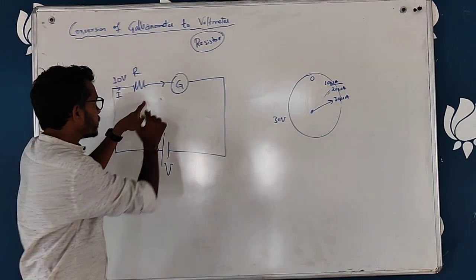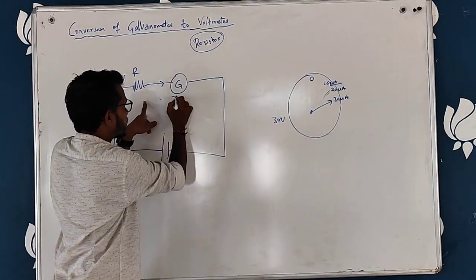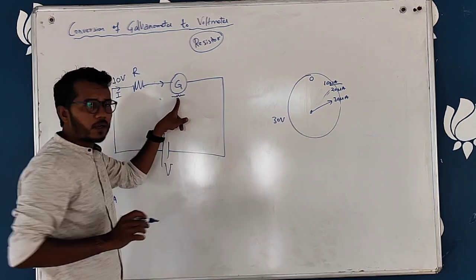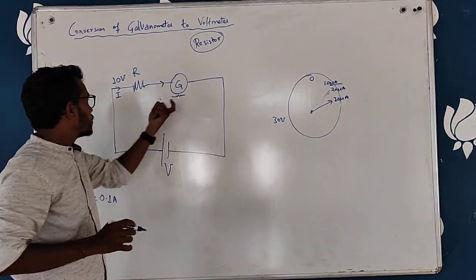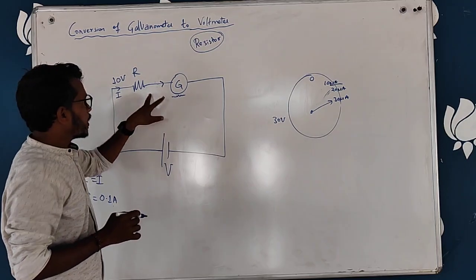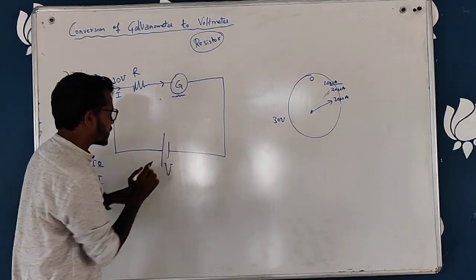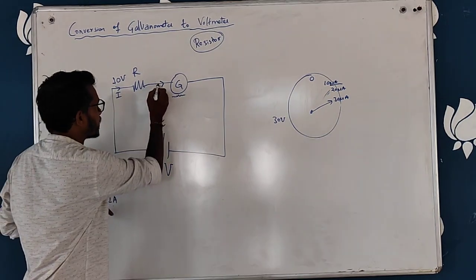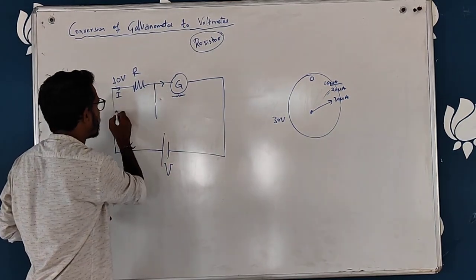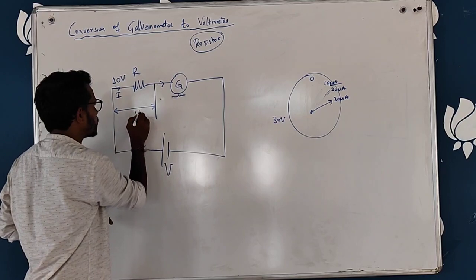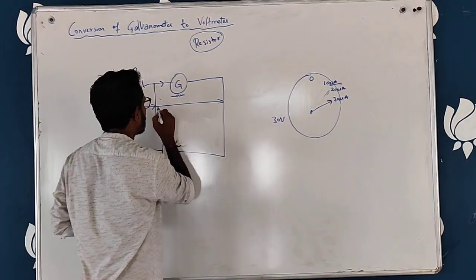This galvanometer has some internal resistance inside it, which I am mentioning here. So there are two resistors connected in series, and the main supply is V. Then the potential drop will be different across each: this is V1 and this is V2.